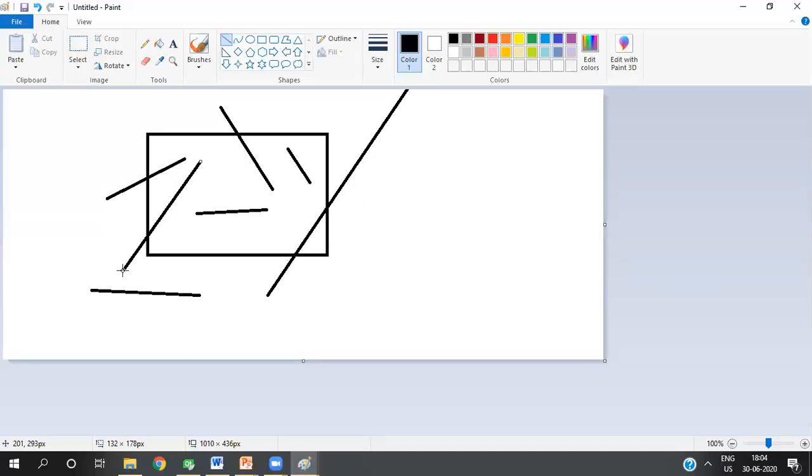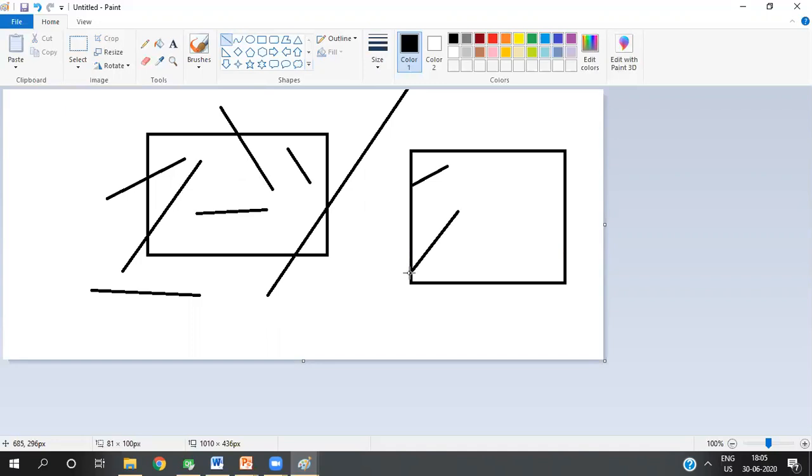So in a window, whatever lines are visible, that much portion you need to display, the remaining you need to cut from the window. So this is before clipping, and after clipping it will look like this. Whatever is the portion inside the window, that much will be drawn.